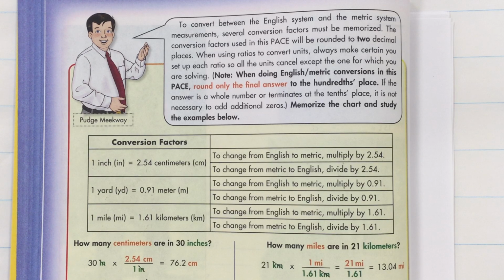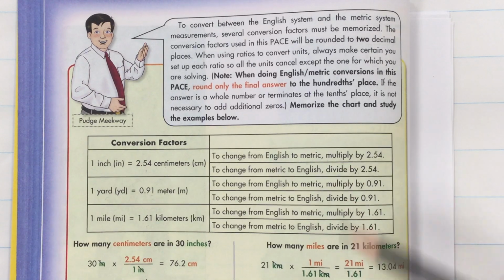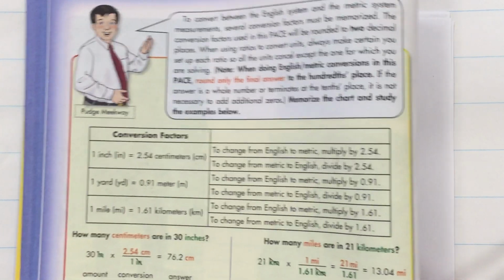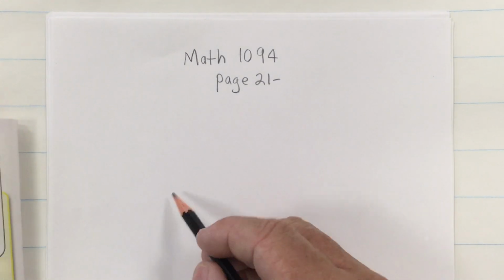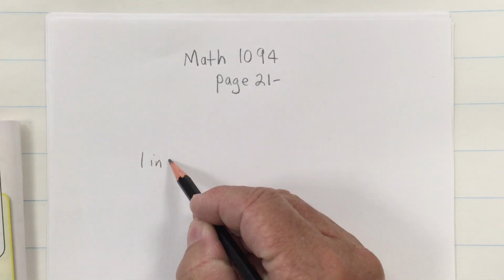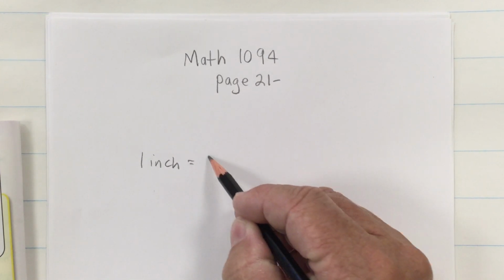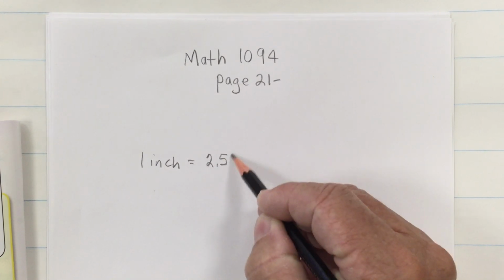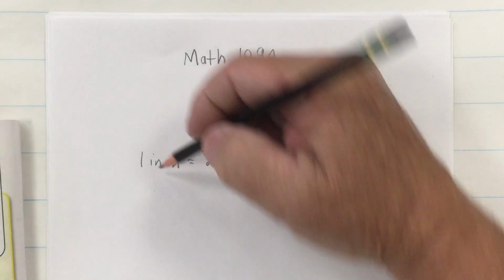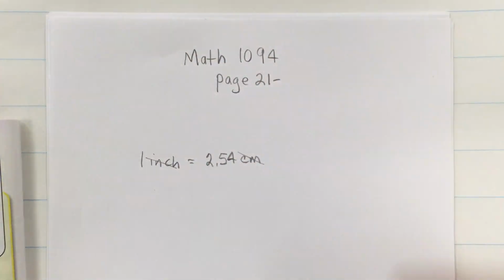All right? One of the ways that helps me remember how to multiply and divide is to think about it like this. If we take 1 inch, okay, and that is equal to 2.54 centimeters, all right? So if we just eliminate the measurements here, which is the higher number?